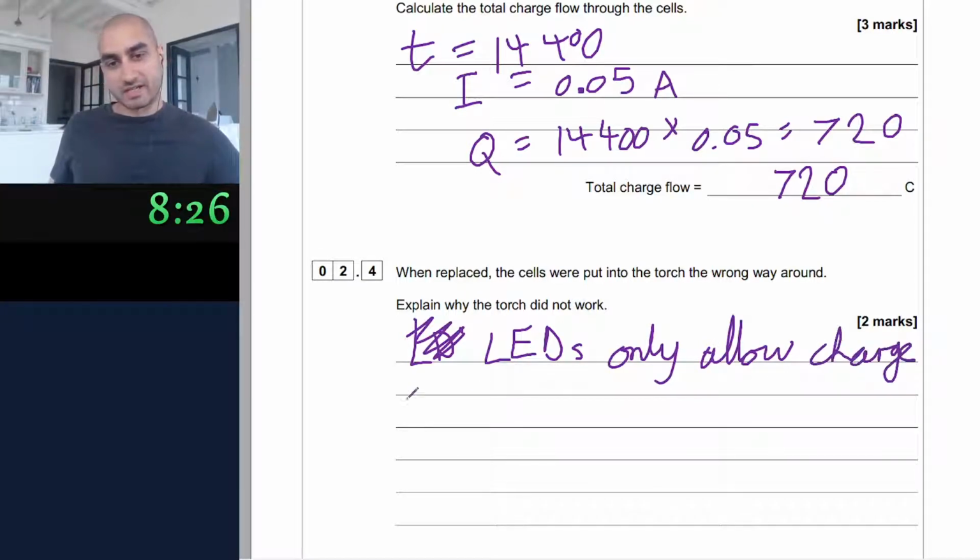I mean, this is a simplification. Well, it's pretty much true, isn't it? LEDs only allow charge in one direction.